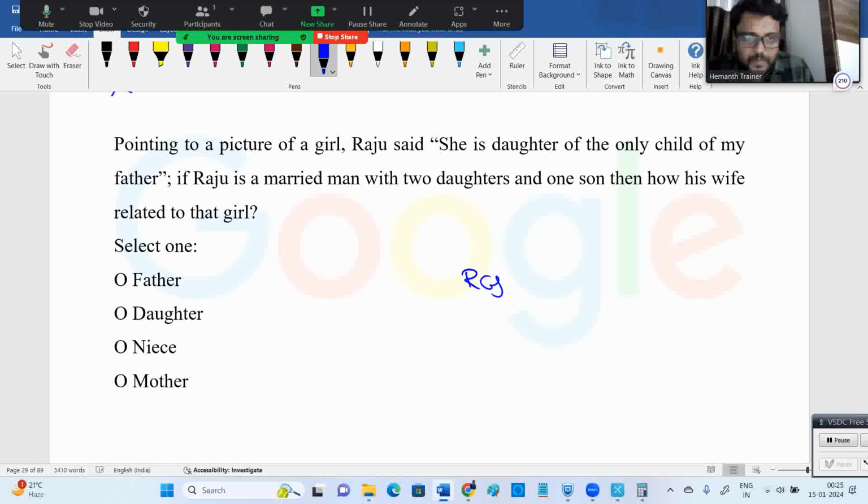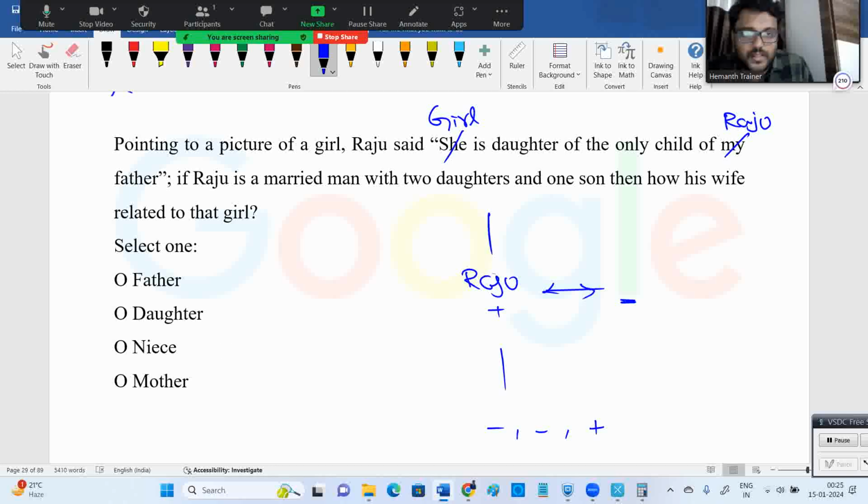Raju is a married man with two daughters and one son. How is his wife related to that girl? So who is that girl? Girl is daughter of the only child of my father. My means here Raju. Raju's father's only child, daughter.